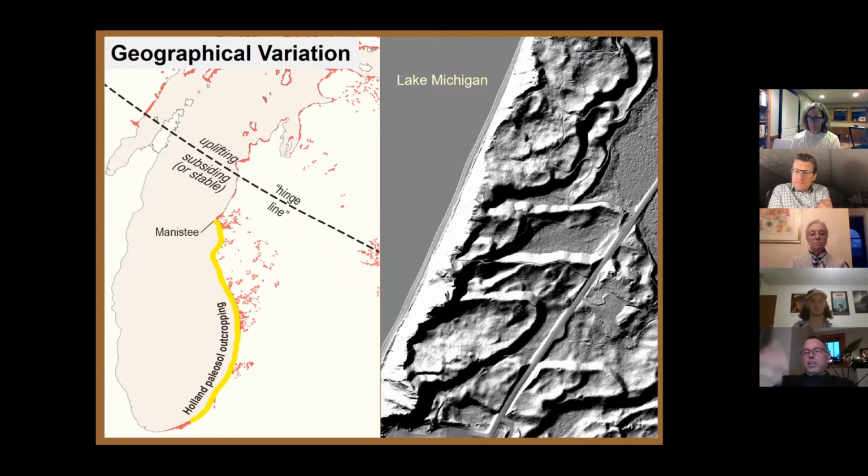That's when ice finally left. And to give you a sense of things, Sault Ste. Marie is still, 10,000 years later, still rebounding on the order of about 10 centimeters a century, still. That's why the locks are there.